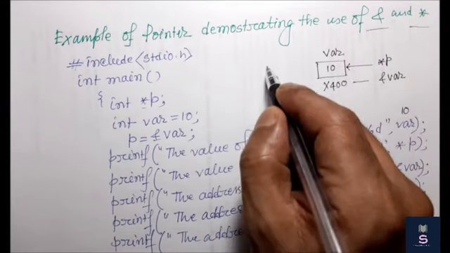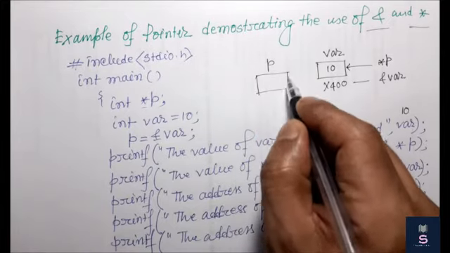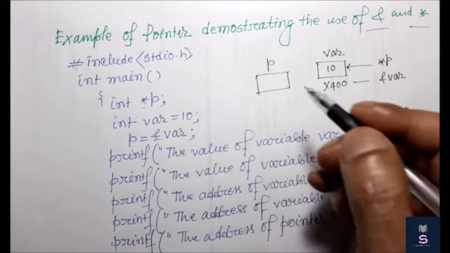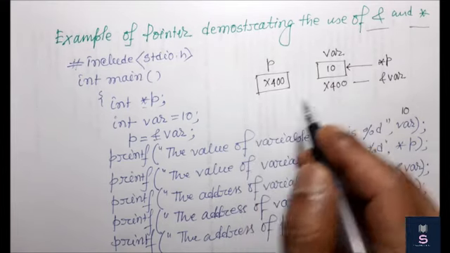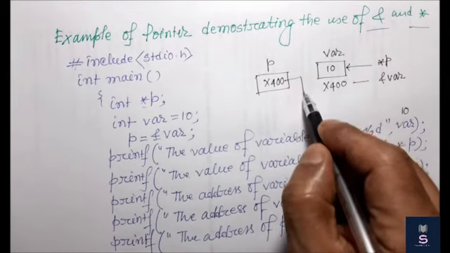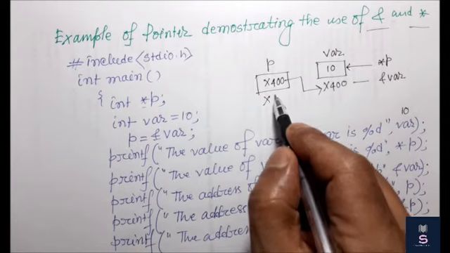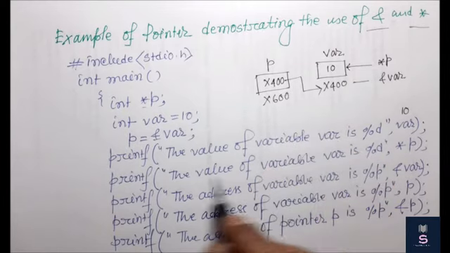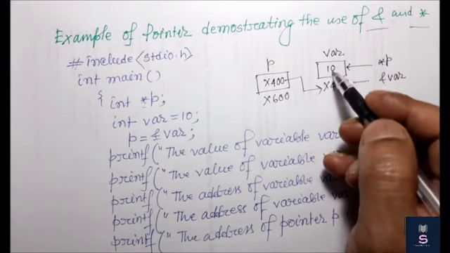I have declared a pointer, the name of the variable is pointer p, which is not an ordinary variable, it is a pointer variable. So, it will take the address of integer variable var. From this line we can say that this points to this address, and suppose the address of this pointer variable is 600. Now, the value of var is 10, right, the output value of var is 10.